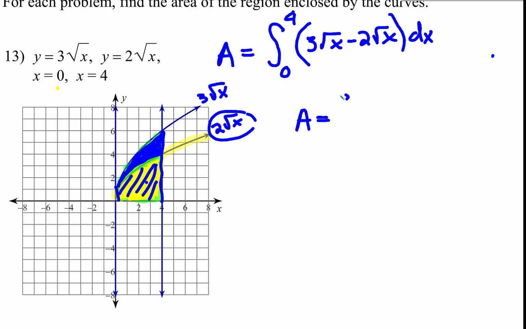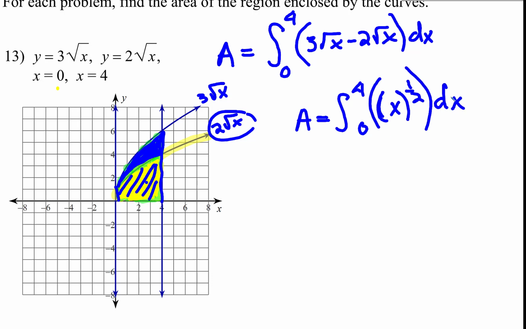So area equals the integral of square root of x, or since you know it's a radical, you can use this notation. And that makes it easier, all right? So now we say the area is 1/2 plus 1 is 3/2.